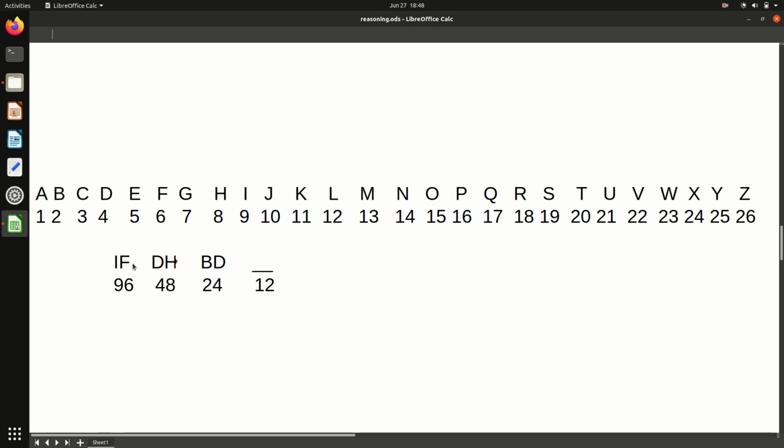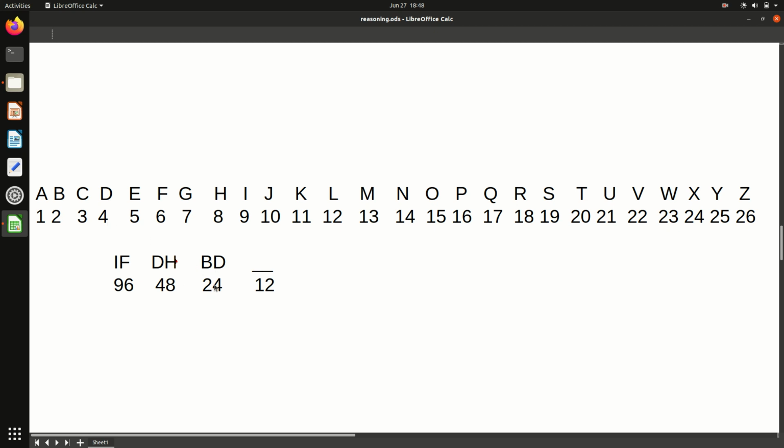So you have to do nothing, you just place the number instead of the letter. In place of I we give its value 9, and for F we give 6, so 96. For D we give 4, and for H it is 8, so 48. For B it is 2, and for D it is 4, so 24.